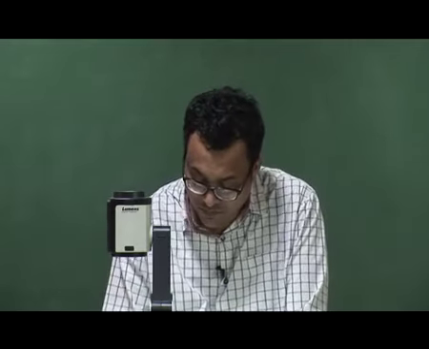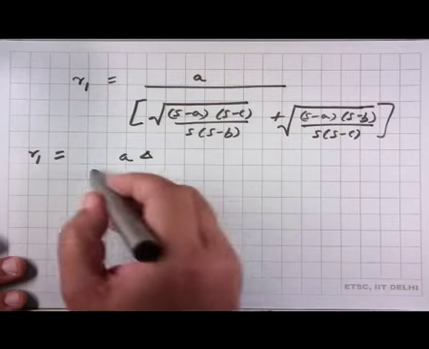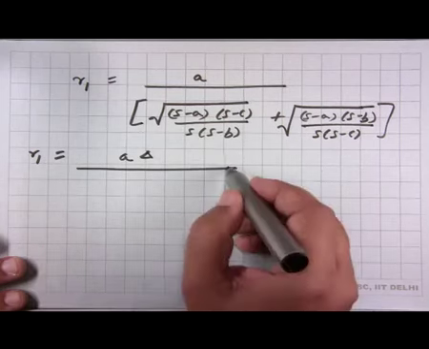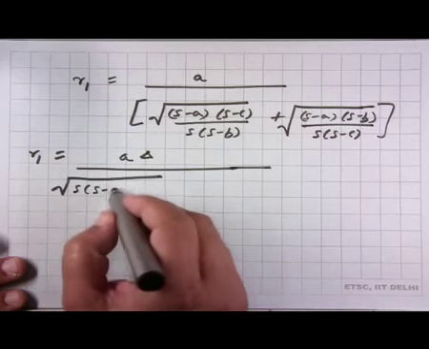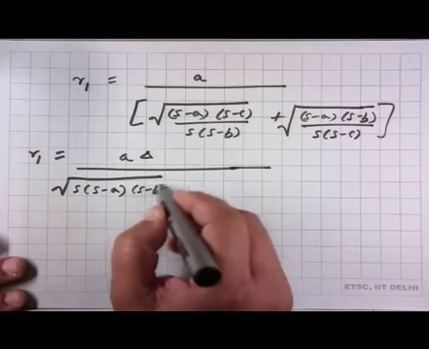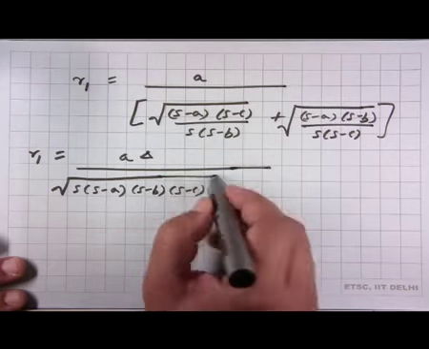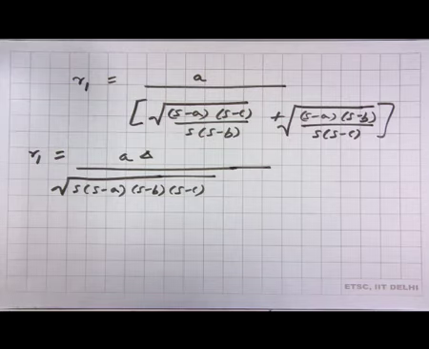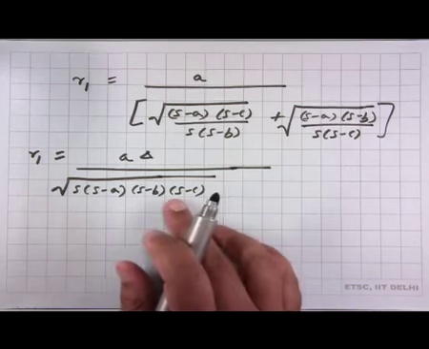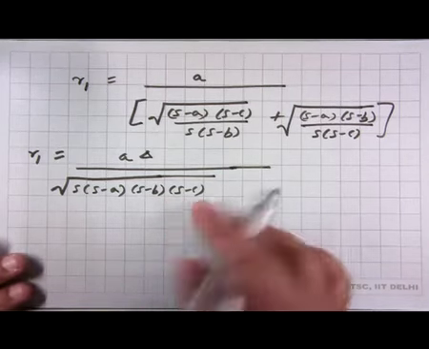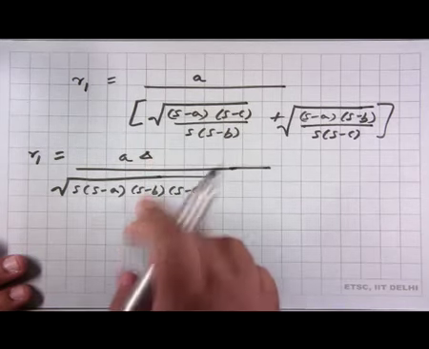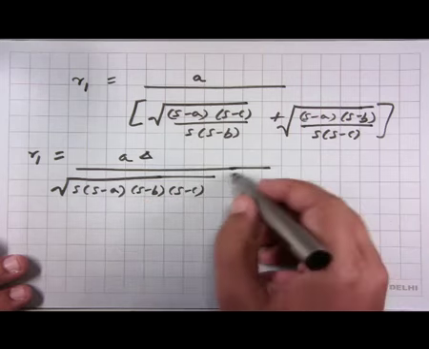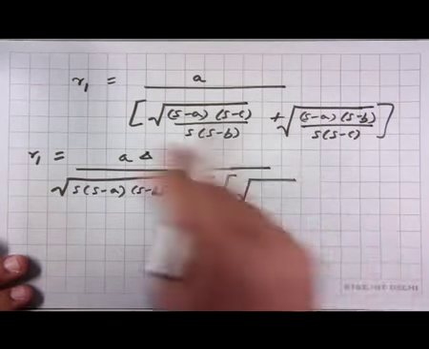So the numerator becomes A delta divided by, but we know that delta is equal to the square root of S into S minus A into S minus B into S minus C. So this is the expression for the area of the triangle in terms of its sides. So delta is equal to this, and it is fine because we have multiplied both the numerator and the denominator with the same quantity.